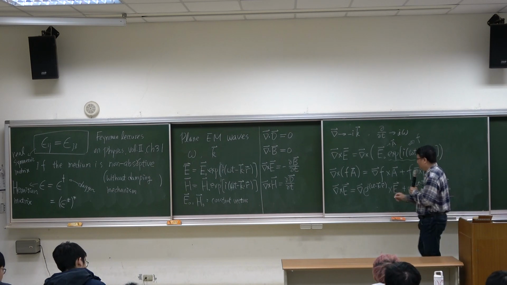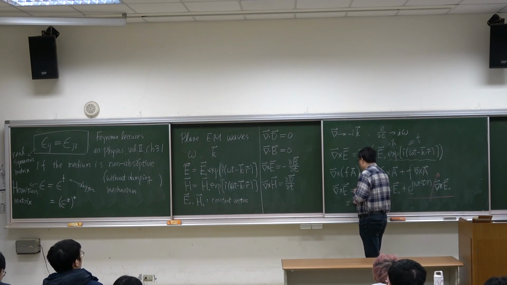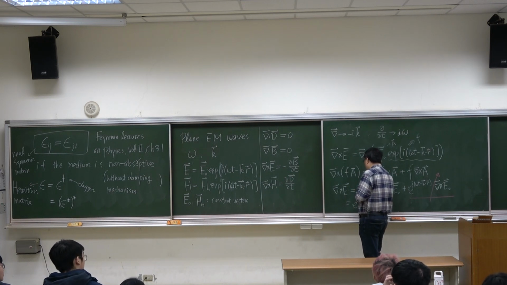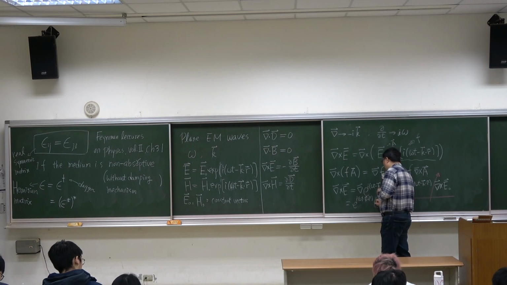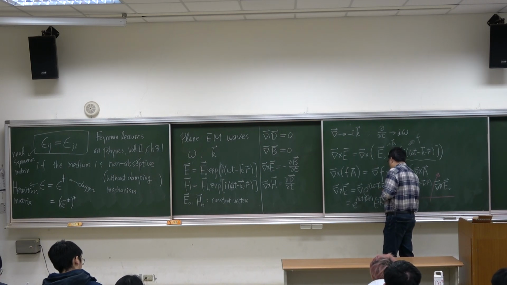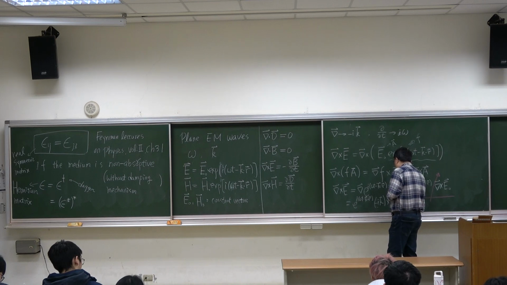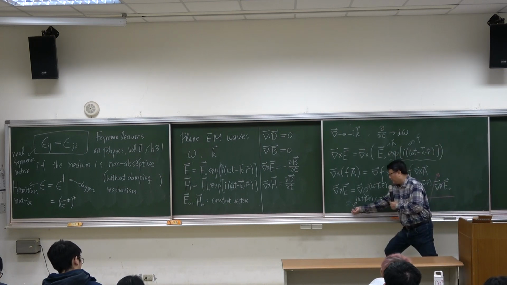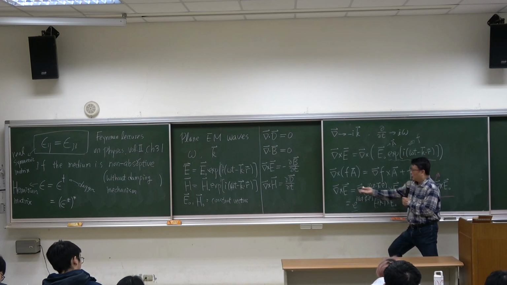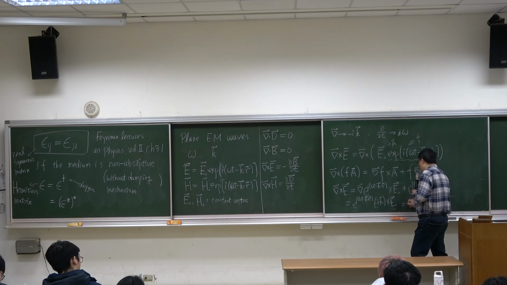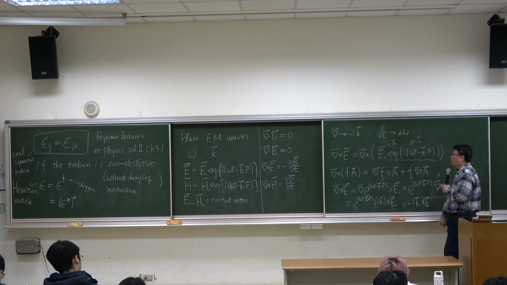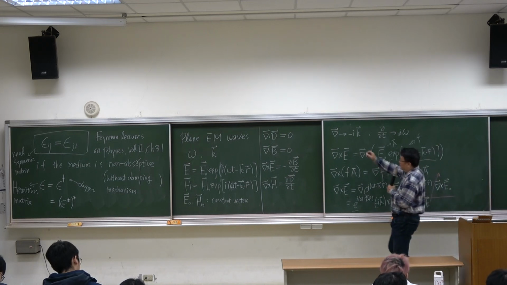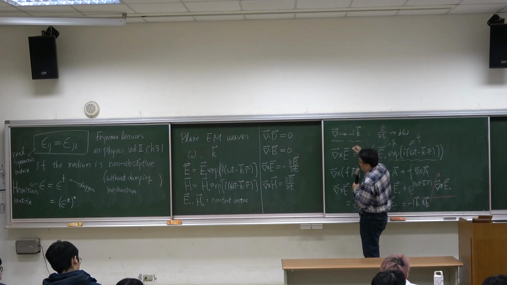So finally we have the phase factor exp i(omega t minus k dot r) times minus ik cross E0. And this phase factor combined with E0 is the original E, so we get minus ik cross E. That's why we can replace del by minus ik.